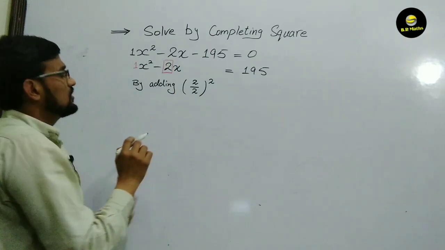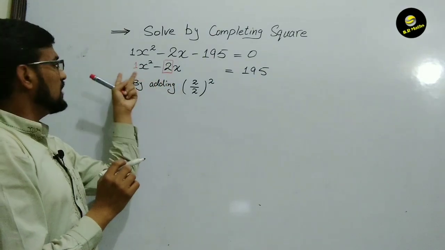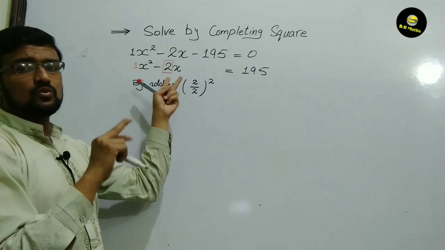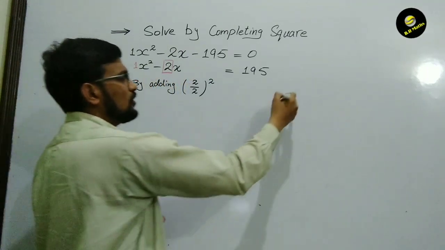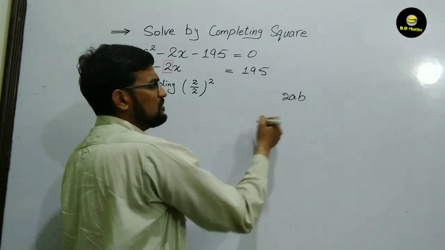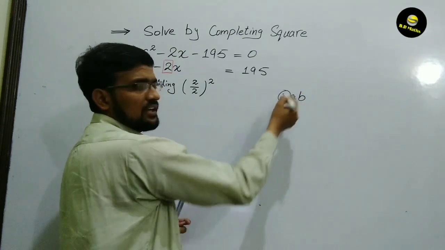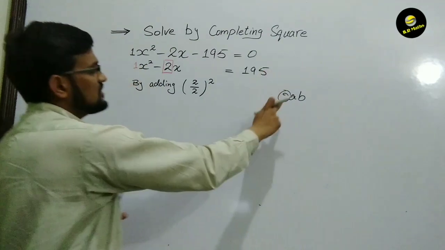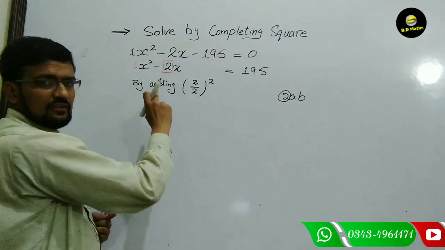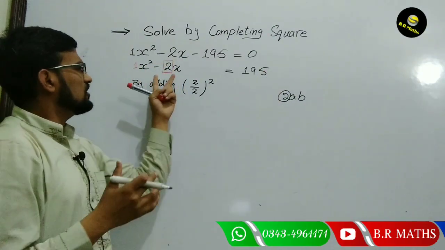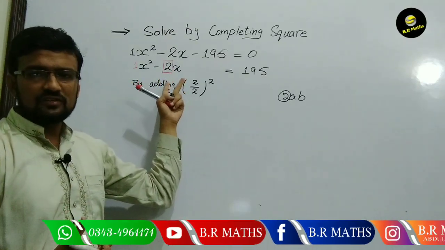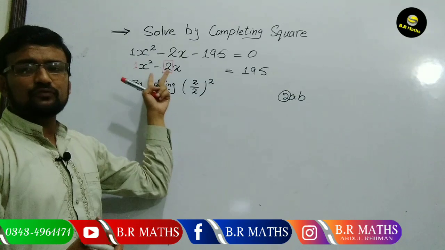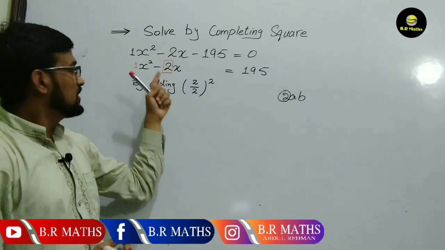Why? Because this is the format of a square minus 2ab, and from 2ab we neglect this 2, so we divide the coefficient. Shortly, I say half of the coefficient of x.